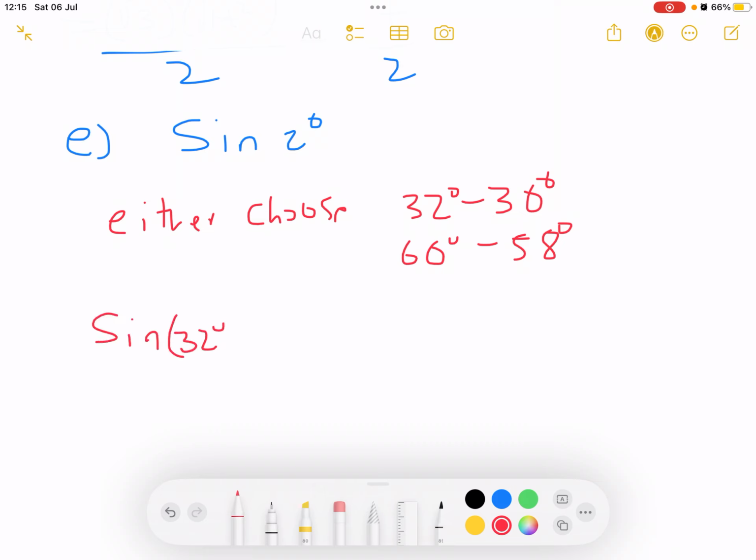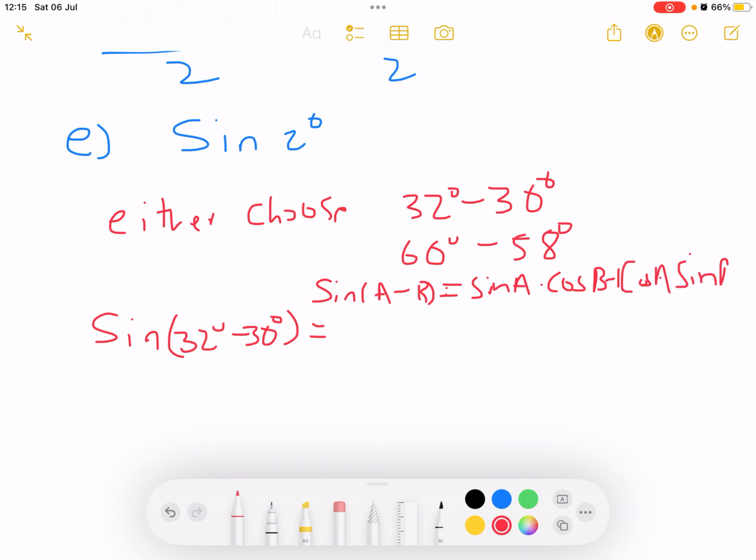Now, sine of 32 degrees minus 30, if we have to expand it, coming from sin A minus B, that becomes sin A cos B minus cos A sin B. Now, in terms of 32 and 30, this will be sine 32 degrees times cos 30 minus cos 32 degrees times sine 30.